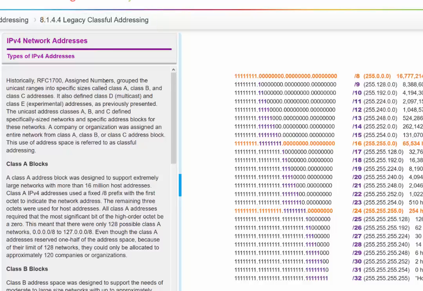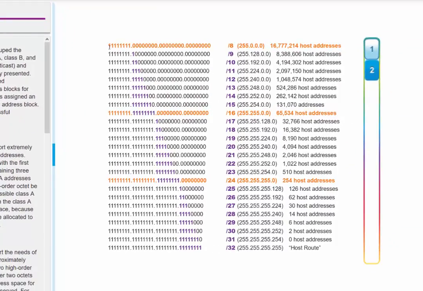So for classful IP addressing, the subnet mask can change from /8, as we can see here, all the way to /32. Class A talks about a range of IP addresses that has a prefix length of /8.